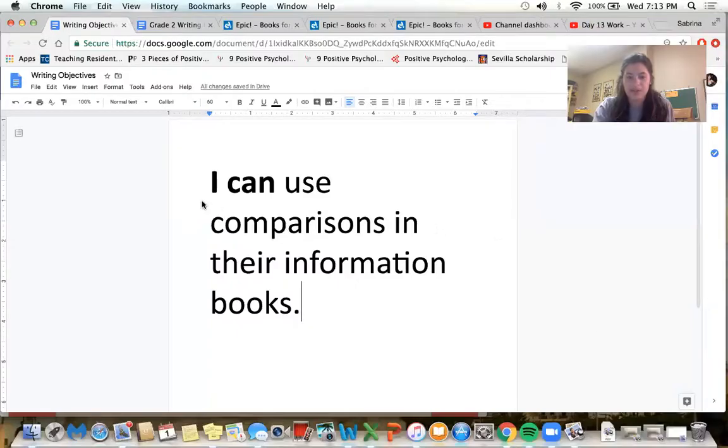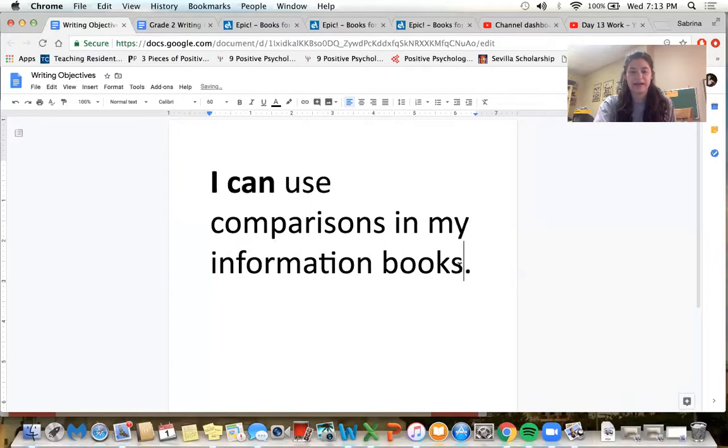So today, our goal in writing is to use comparisons in our writing, okay? I'm going to share my screen here so we can read our goal together. So our goal says, I can use comparisons in my information book.